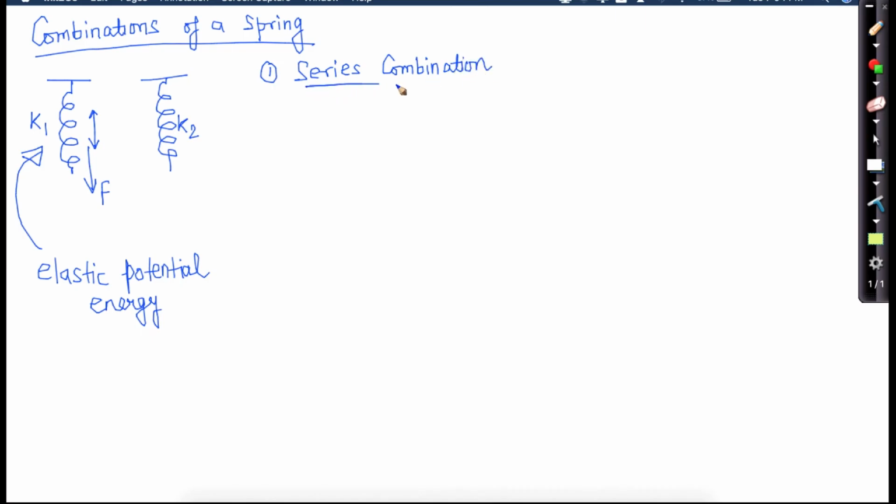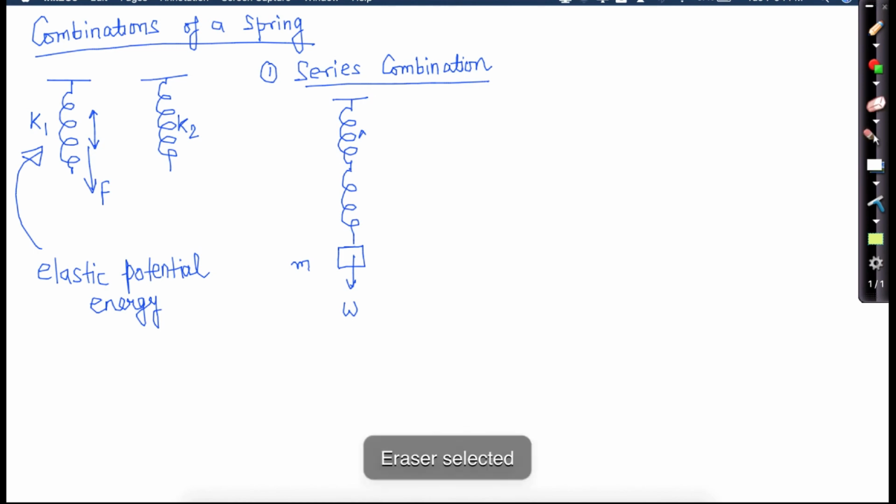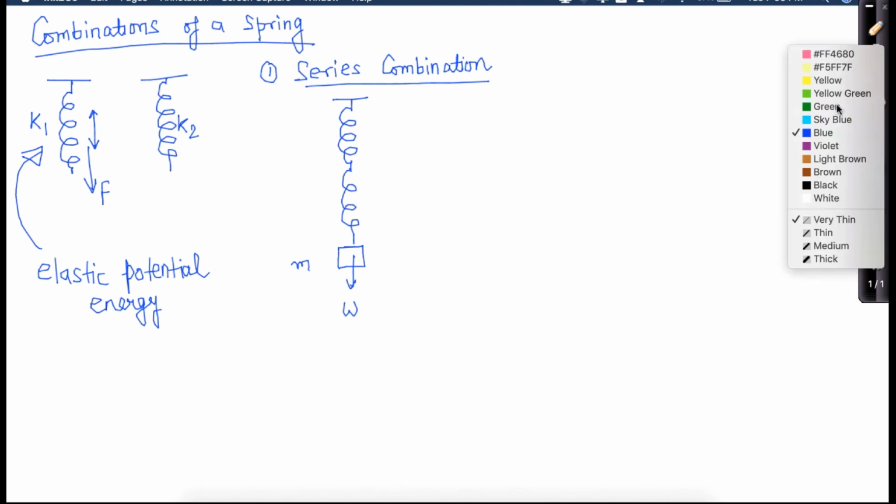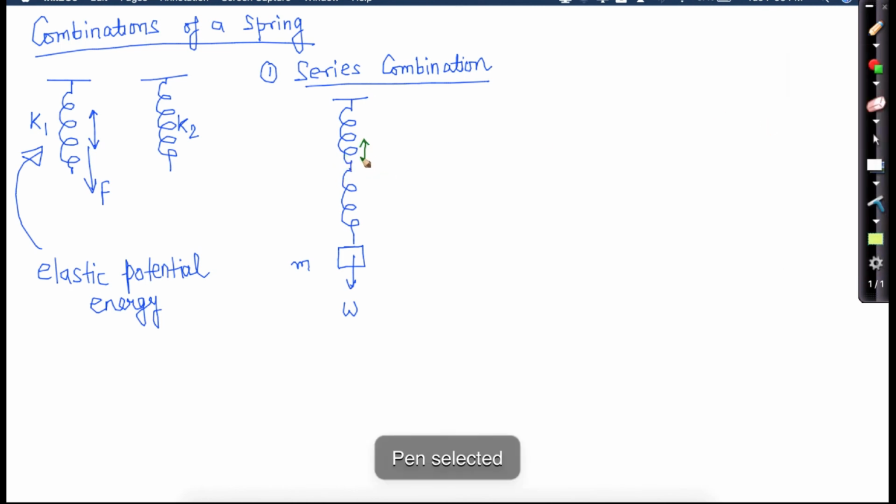In the series combination, the springs are connected in series like this. Spring 1, then spring 2, and then the mass M, so the weight is acting down. The first spring will show the extension x1 and the second spring will show the extension x2.